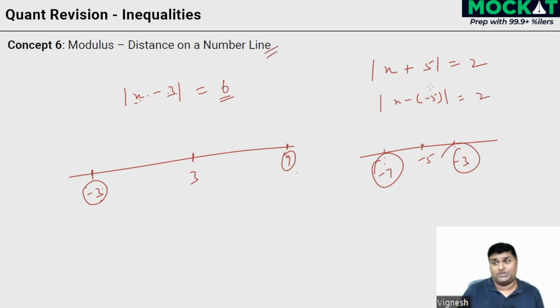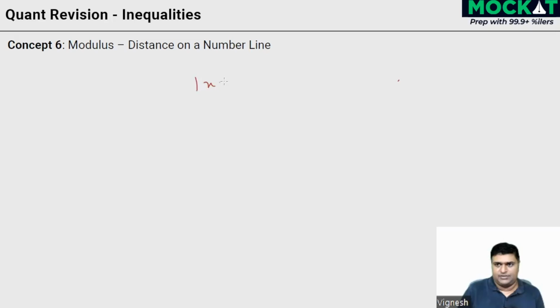You can also look at it as a distance on a number line, right? Now, distance on a number line can also apply with inequalities and where it's going to be linear. If modulus of x minus 3 is going to be less than 6, right? Then what does that mean? I have a 3 over here.